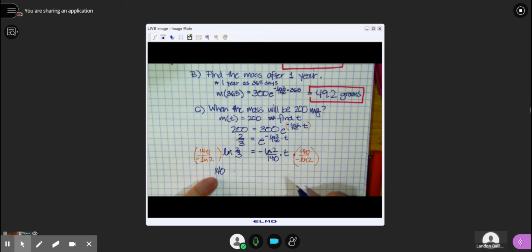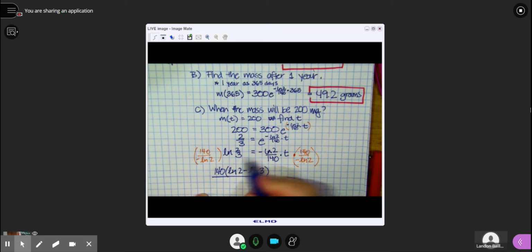So I'm going to have 140, and then ln 2/3 is going to be ln 2 minus ln 3 over an ln 2. Put a negative on here somewhere. I'm going to put it up top. Doesn't matter where.